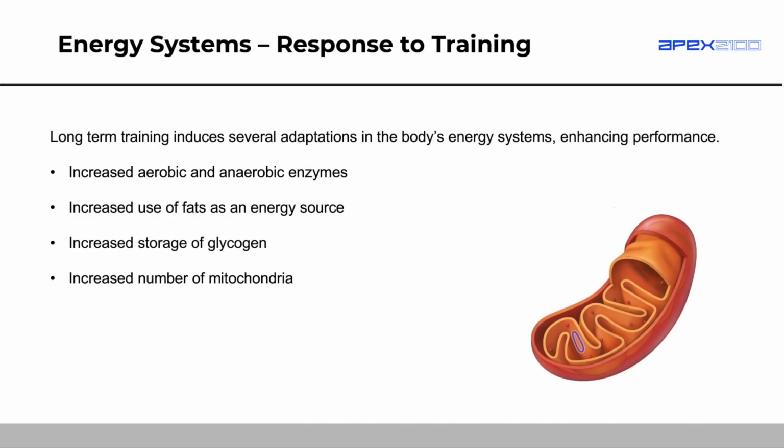So firstly, we have increased aerobic and anaerobic enzymes. The enzymes we really briefly spoke about today, I think I only mentioned a couple, being creatine kinase and ATPase, that were involved in the phosphagen system.